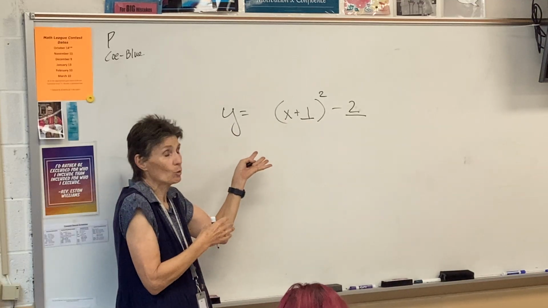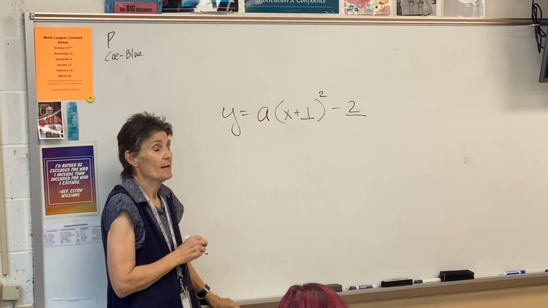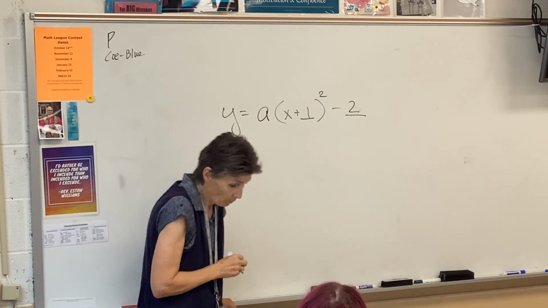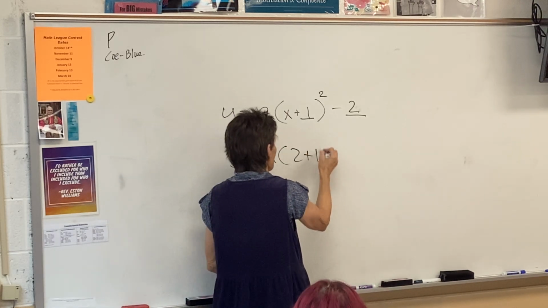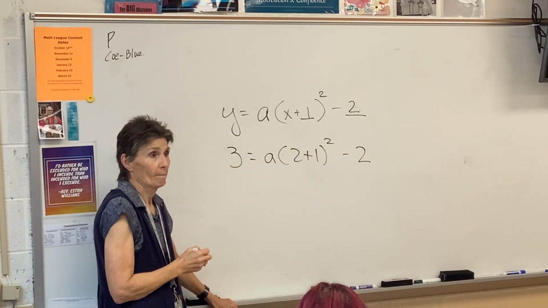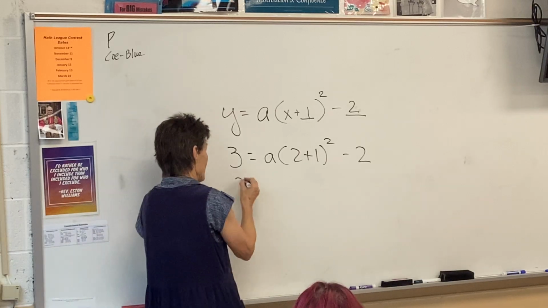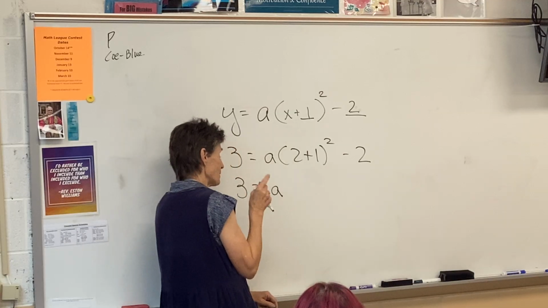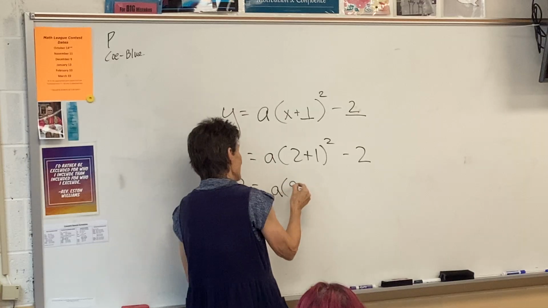That's basically the equation, except for the number out in front. And how are we going to find that number? We're going to plug in 3 for y and 2 for x, and we're going to carefully do our arithmetic. 2 plus 1 is 3, squared is 9.